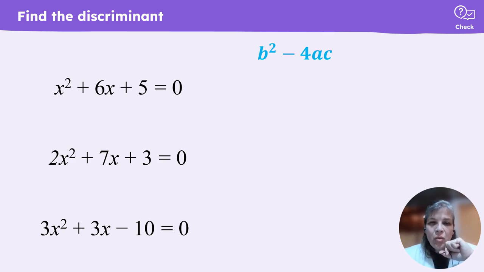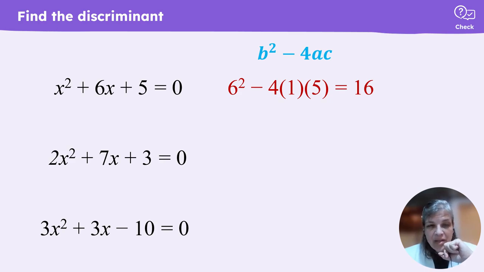If we're finding the discriminant, we have to remember that the general form of a quadratic is ax squared plus bx plus c. So if you're going to find the discriminant, then we want b squared. In the first equation, what is b?